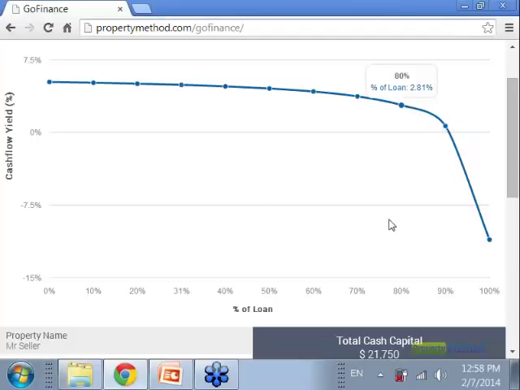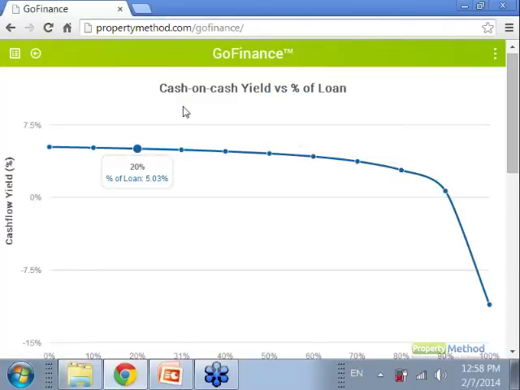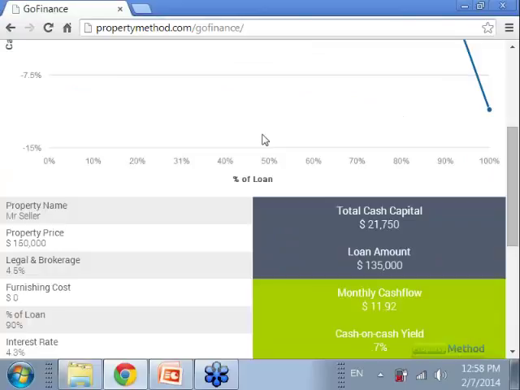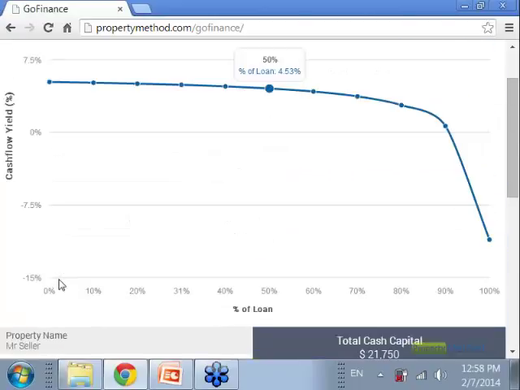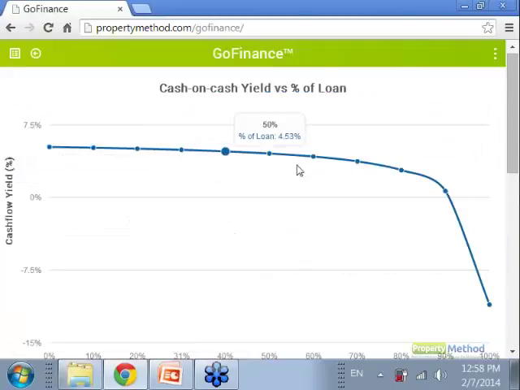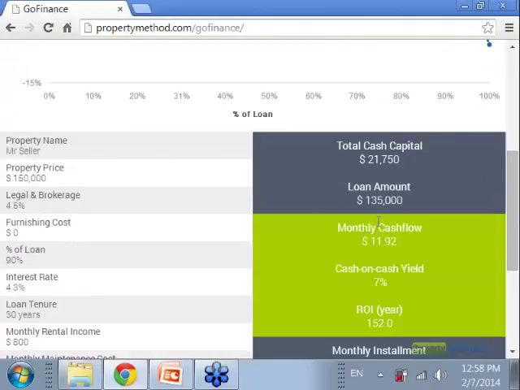So if we save the $10,000 of furnishing costs, maybe the renter will just fetch us maybe 800 instead of 1,000. So from here, we just update the changes. We can see that the performance will drop, and it's not worth financing. Although it still gives you a monthly cash flow because it shows green, it's almost just $12 ringgit every month, and the cash on cash is still so little.